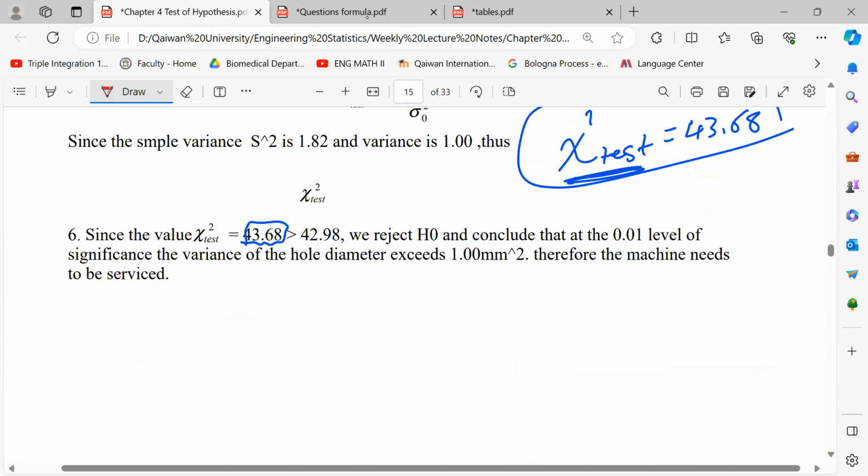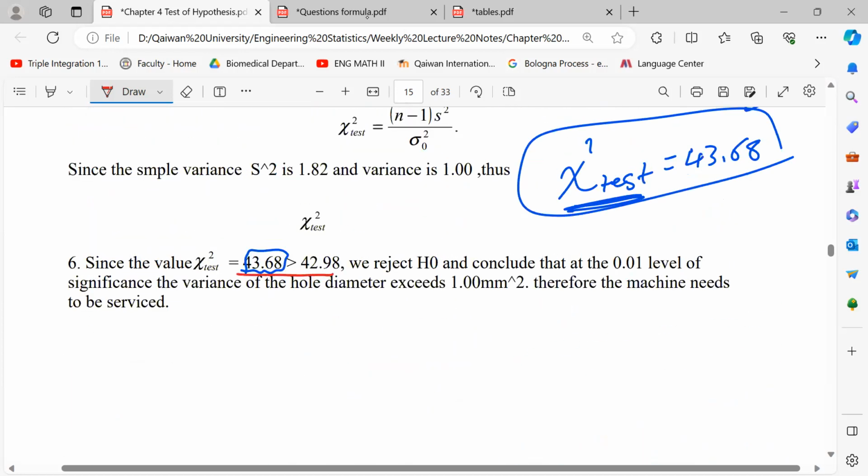In step 6, we say, since this one is greater, we reject H naught. And we conclude that at this level of significance, the variance of the hole diameter exceeds 1, and therefore the machine needs to be serviced. You need to write this down. What does it mean if this one is greater?